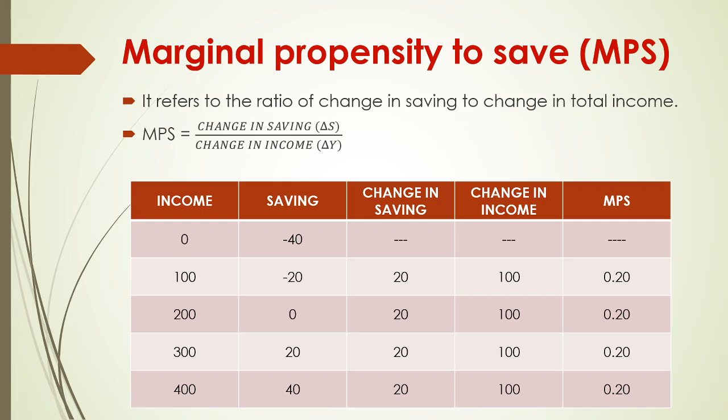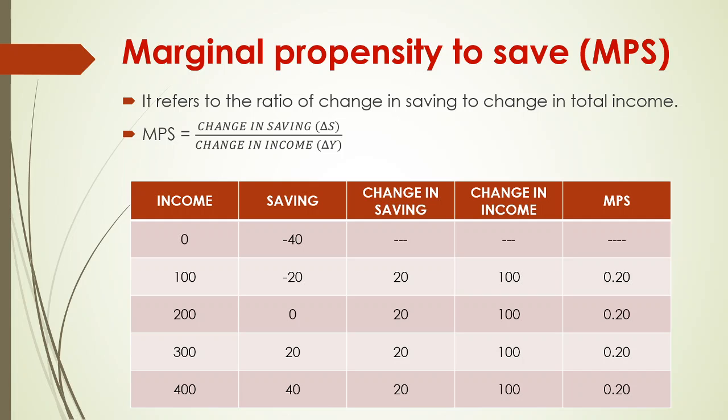Okay, so this is all about marginal propensity to save. I hope this is clear to you. One more thing I want to tell you: MPS, marginal propensity to save, lies between 0 and 1, like MPC, marginal propensity to consume.